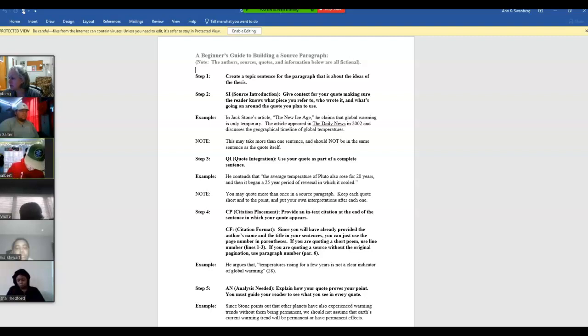Every single time you use a source in a paragraph, you walk through these steps, okay? Now, the steps that students are skipping or struggling with are source introduction and quote integration. And I want to give you 2 tools right now that I want you to write down.